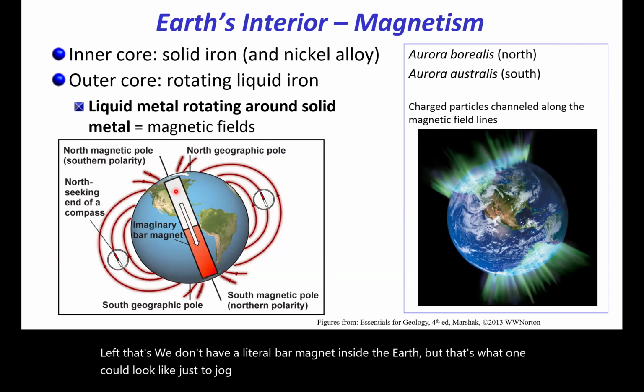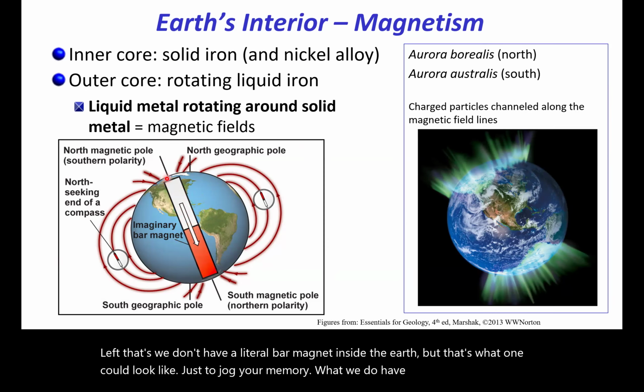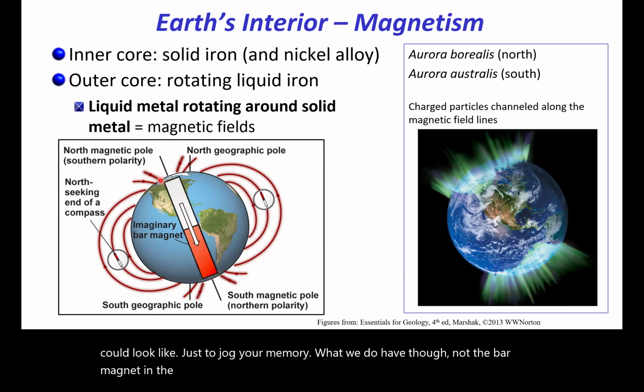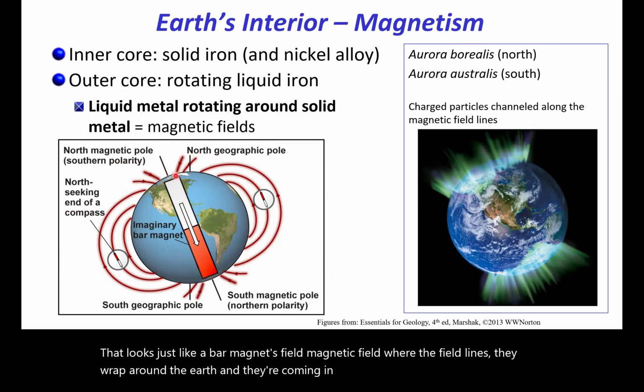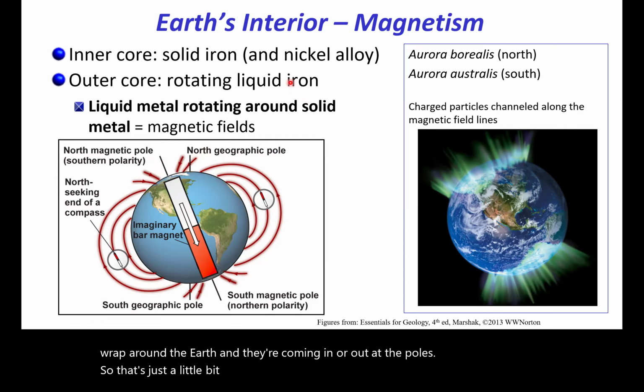What we do have is the magnetic field that looks just like a bar magnet's magnetic field, where the field lines wrap around the Earth and they're coming in or out at the poles. So that's a little bit more about the Earth's magnetic field because of the rotating solid and liquids.